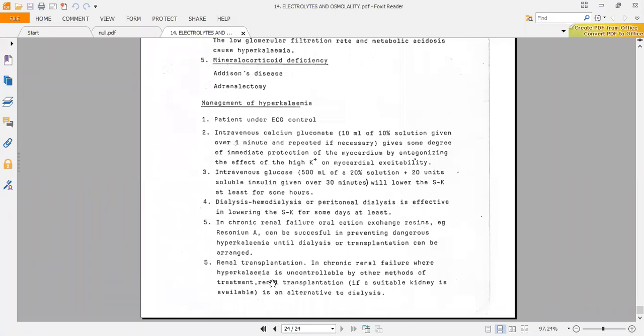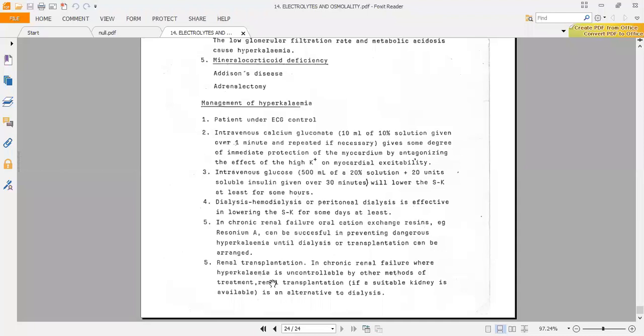Now, the first thing you do is to give them calcium gluconate. What the calcium gluconate does is that it stabilizes the myocardial tissue. Okay, the calcium gluconate really does not solve the hyperkalemia issue. What it does is that it stabilizes the myocardial tissue so that the person does not get arrhythmias.